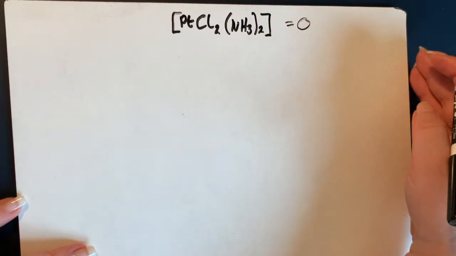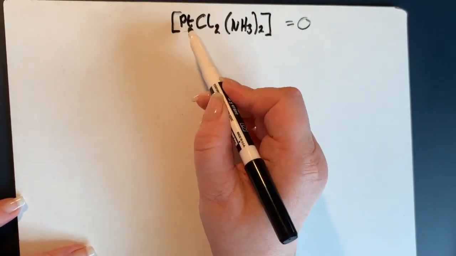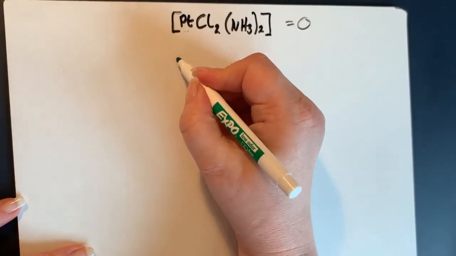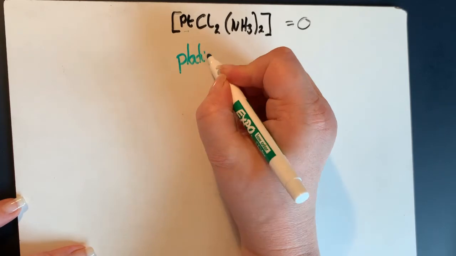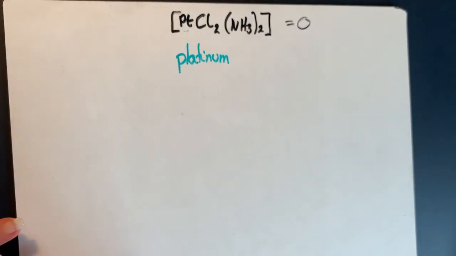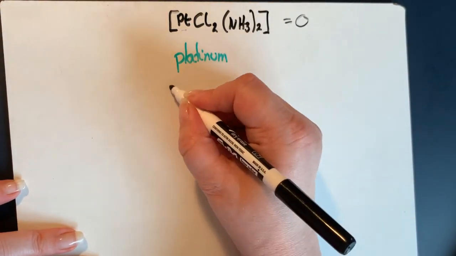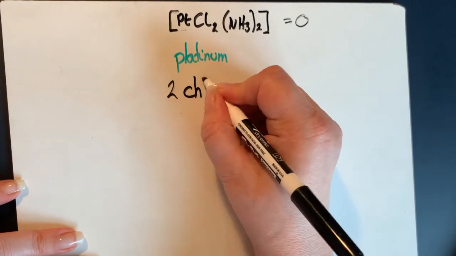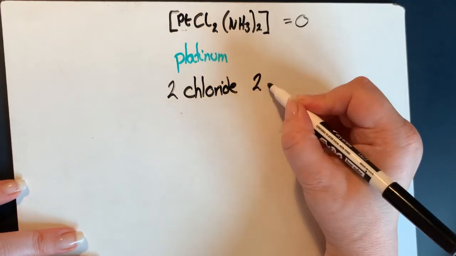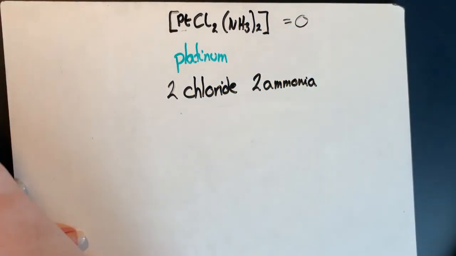Therefore we're not interested in the weird naming of the metals. So this metal name here, that Pt, is simply going to be called platinum. Having a look at the ligands, we've got 2 chloride ligands and we've got 2 ammonia ligands.